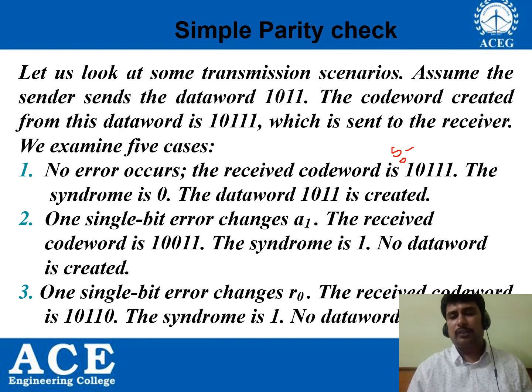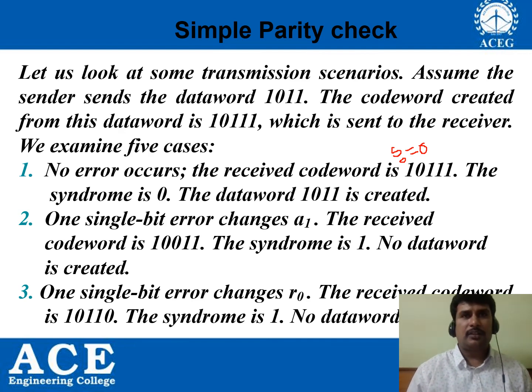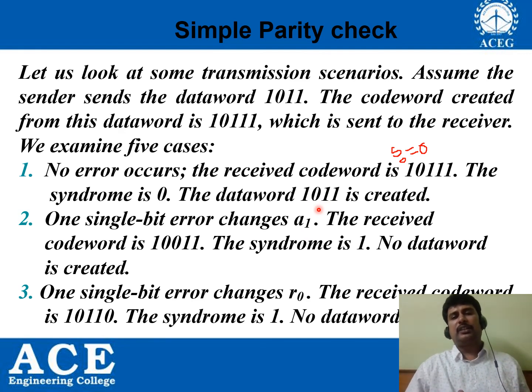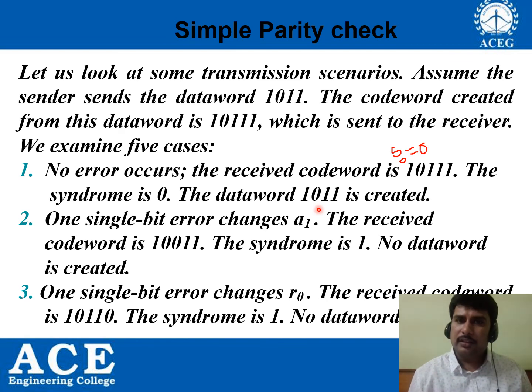So the syndrome is 0, and in even parity, a syndrome value of 0 means no error, so we remove the redundant bit and extract the data word, which is 101. So this is the first case, where what we transmitted is received as is.